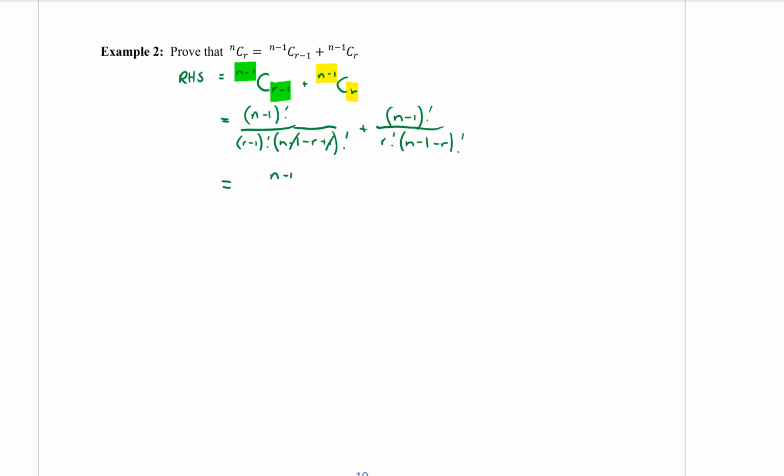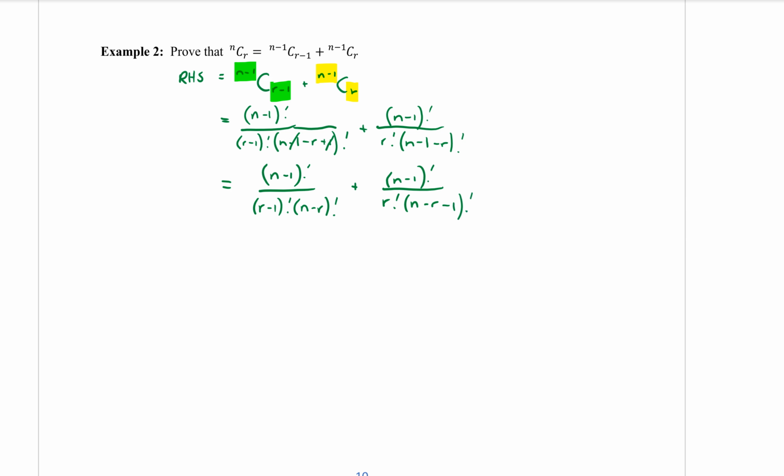So n minus 1 factorial on the top, r minus 1 factorial, and n minus r factorial for the bottom because the one's cancelled out, plus n minus 1 factorial over r factorial, and now I'm going to switch the order here to be n minus r minus 1 factorial.